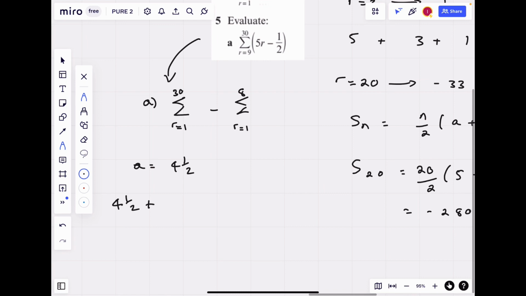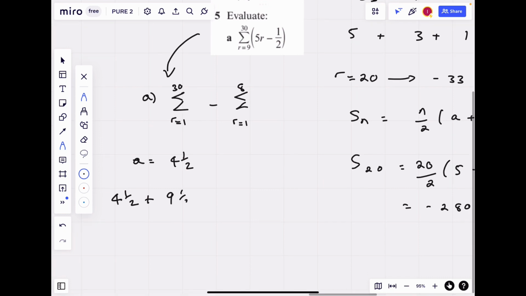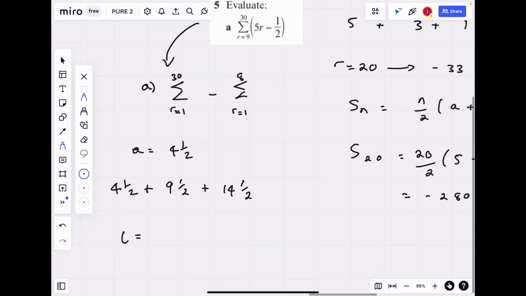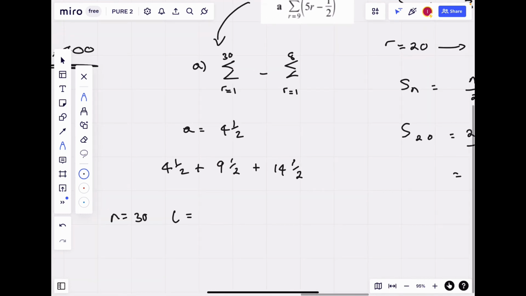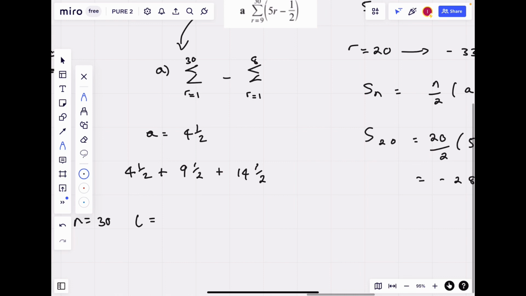The second term will be 9.5. And the third term will be 14.5. The last term for S30, so when n equals 30, the last term will be 149.5.